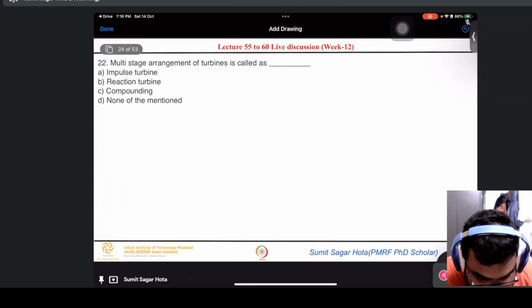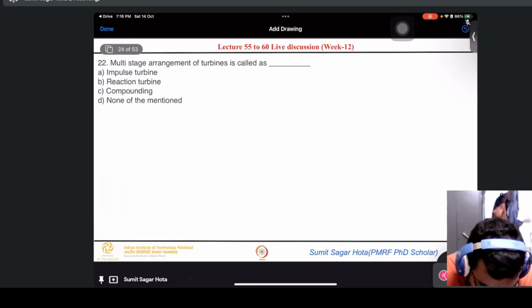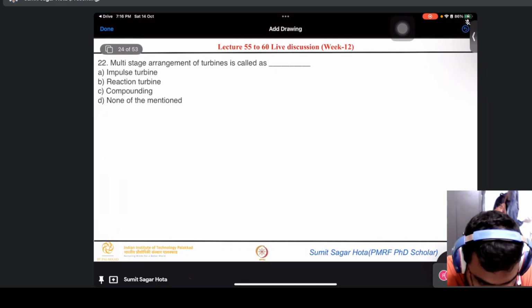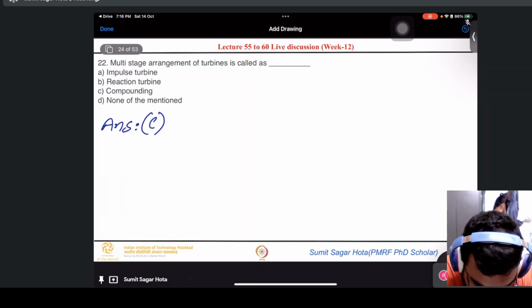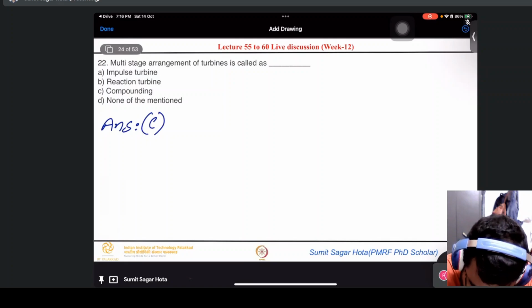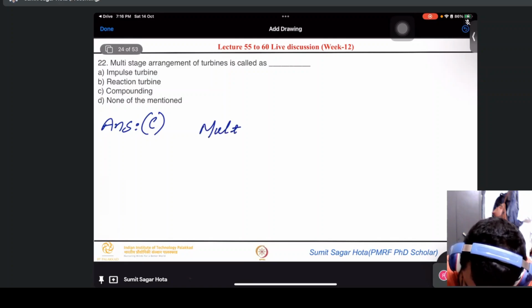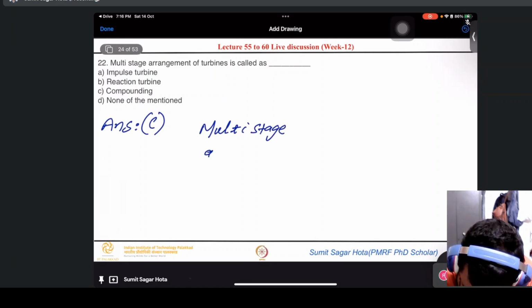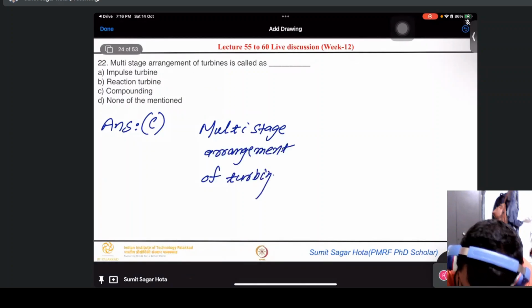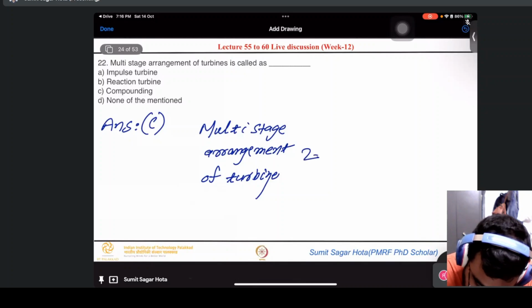The multi-stage arrangement of the turbine is called as what? Staging is there. Staging also has one more name, that is compounding. So why is this there?